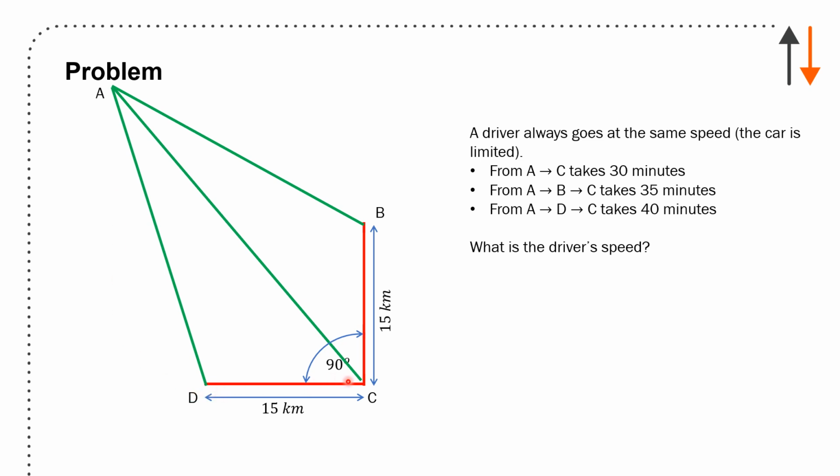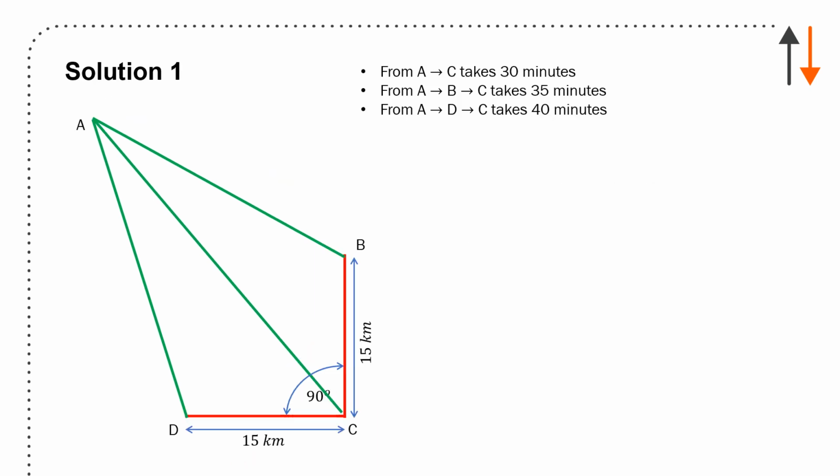What I'm going to try and do is go through two different types of solutions here. Starting with all of this information and these distances, I recognize that I have velocities. For example, if the driver is going at 1 kilometer per minute, then 1 kilometer per minute times minutes gives me kilometers.